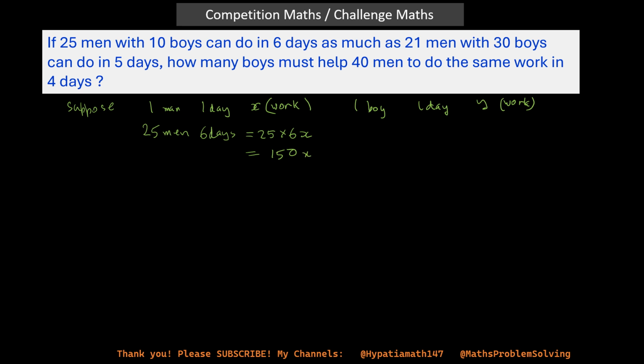We just write work, keep it like that. Then if we look at what 10 boys can do, 10 boys in 6 days would do 6 times 10 times y, that is 60y work.